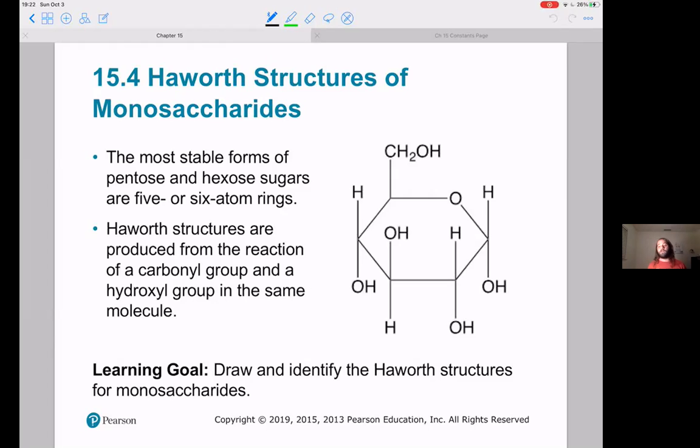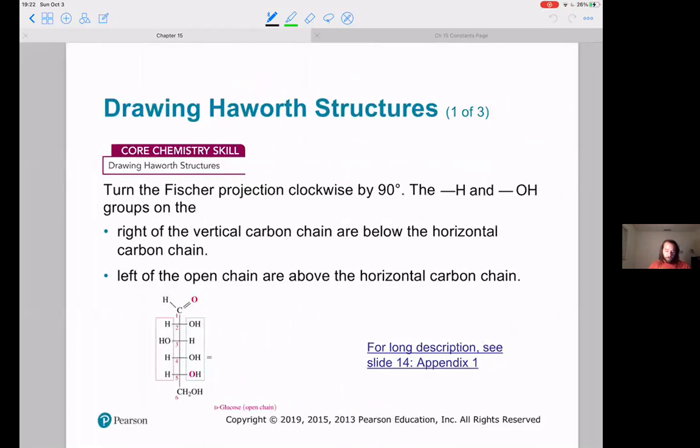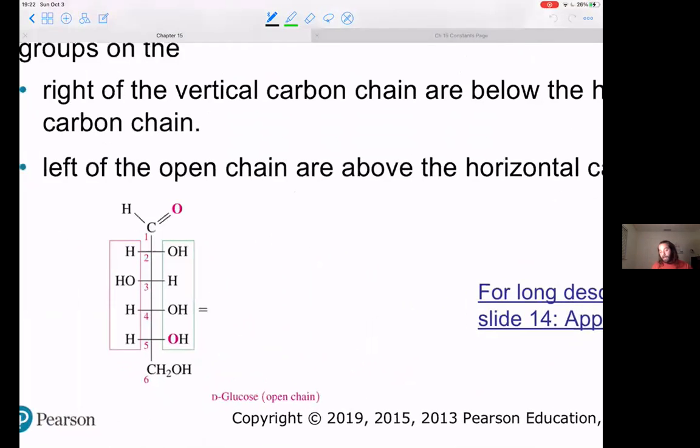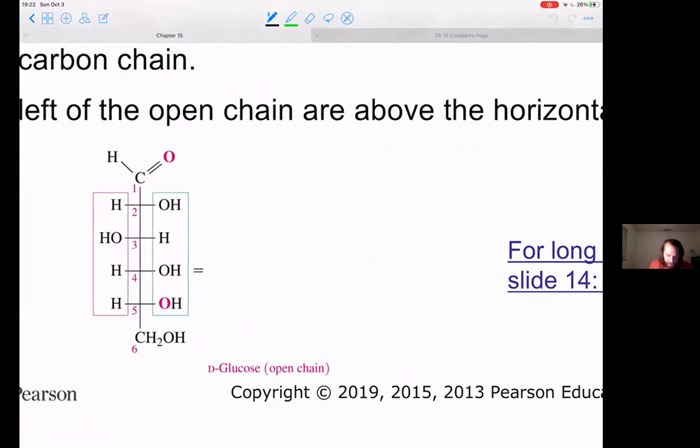Up until now, we've been talking about them in those long stretched out structures, which we call the Fischer projections. We're going to now almost exclusively switch to these ring structures, these Haworth structures. Step one is how do we get from one to the other? Luckily, it's not too bad, but it is its own little thing.